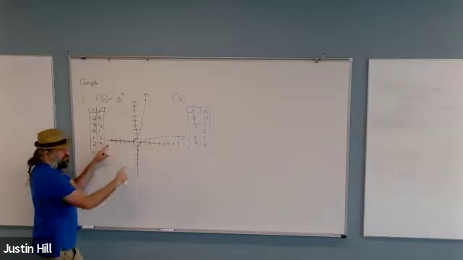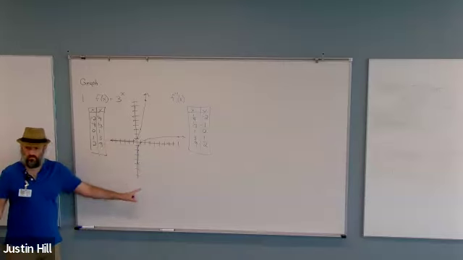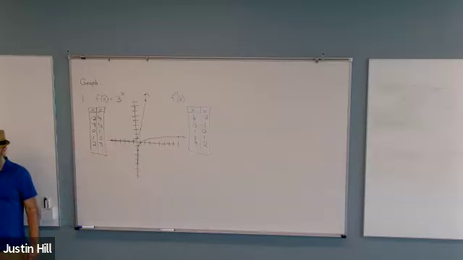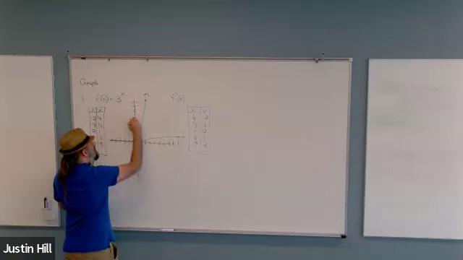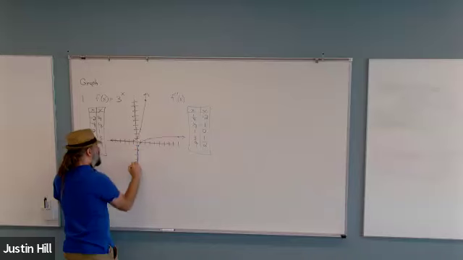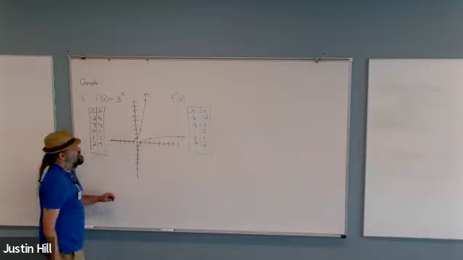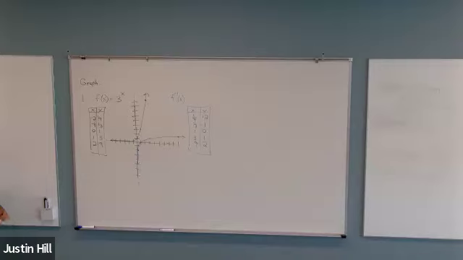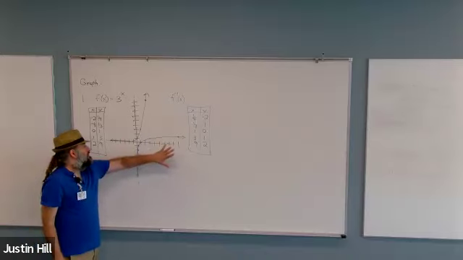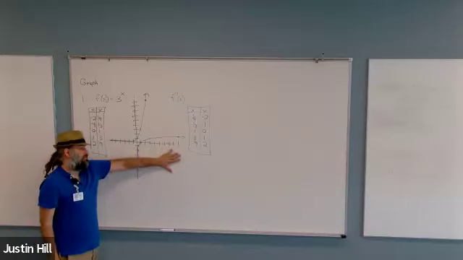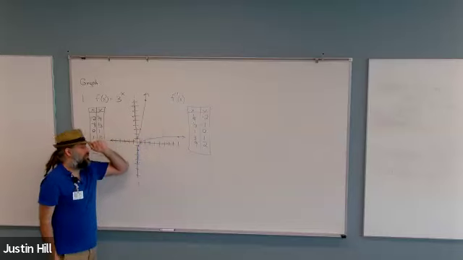So instead of a horizontal asymptote, what type of asymptote does this graph have? Vertical. So there's a vertical line right along the y-axis that the inverse of the exponential function never crosses. So this is the inverse of 3 to the x.